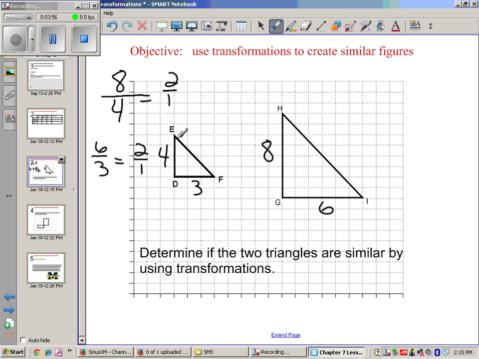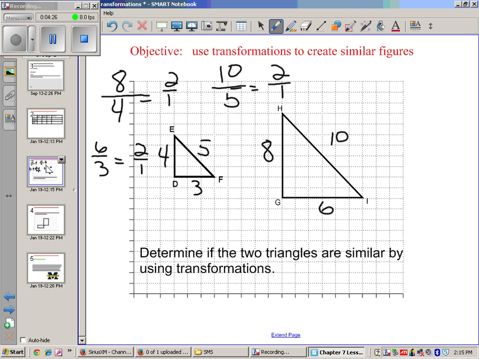Now we still have to do our HI. If we count HI, 1, 2, 4, 5, 6, 9, it's 10. And over here, 2, 3, 4, it is 5. So we have 10 over 5, so just 2 over 1.